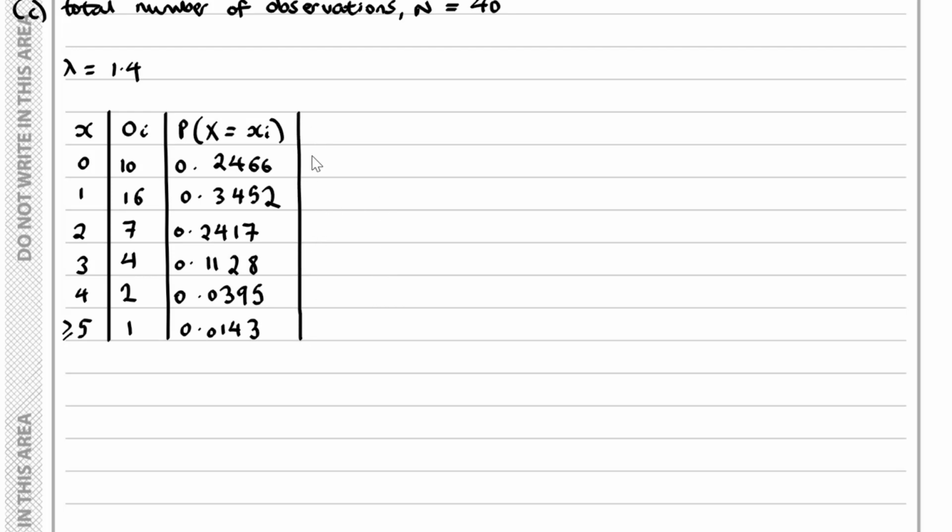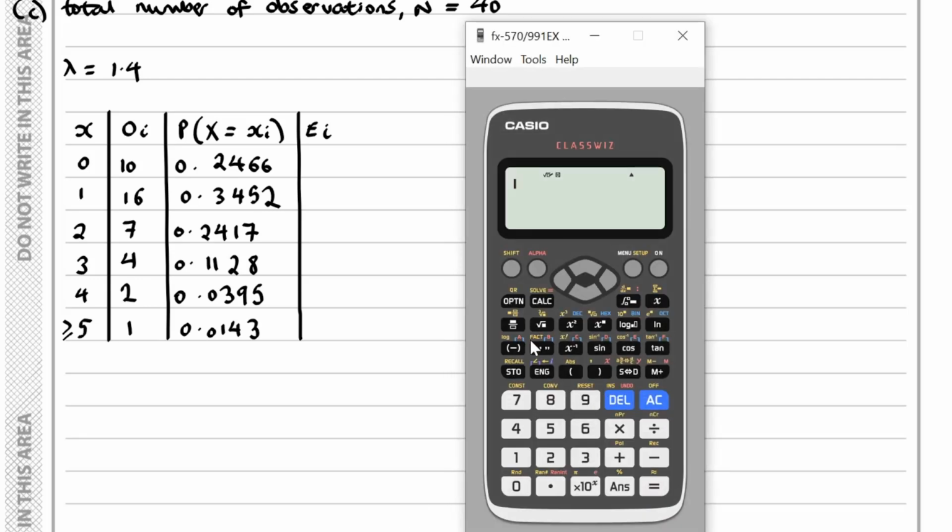Okay, so what we will now do is calculate EI. Okay, so doing that we have 40A, which is 9.8639. We'll put it to 4 decimal places.